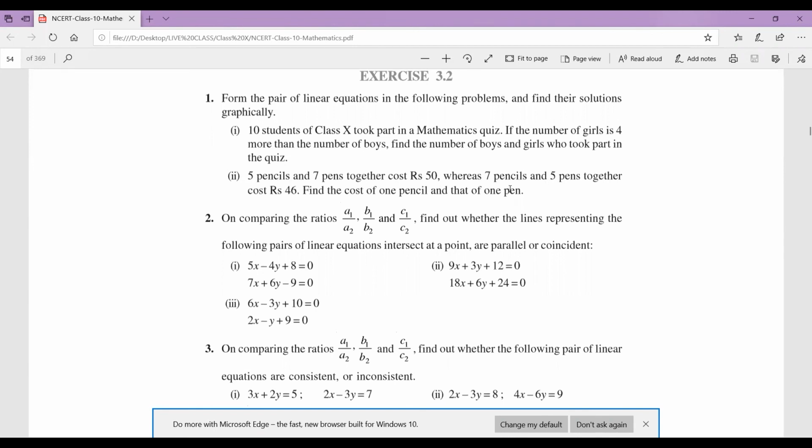So we will have two equations. You just have to check whether they are consistent or inconsistent, and how many solutions they are going to have. So you just have to apply all the concepts.